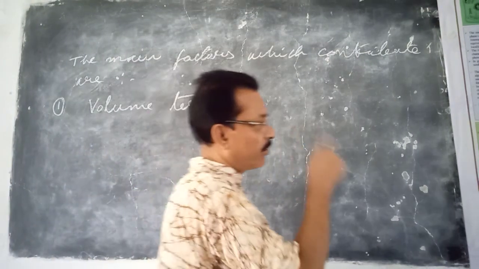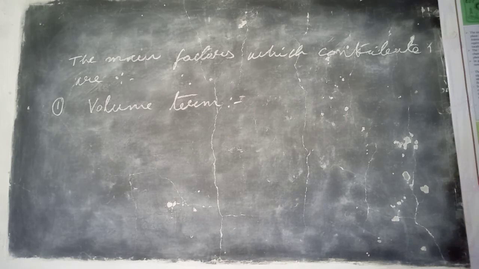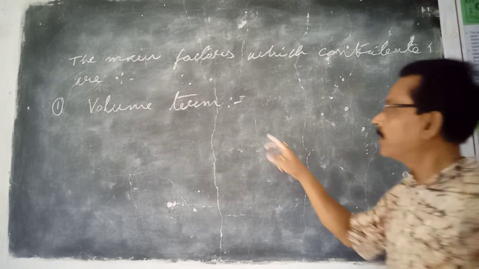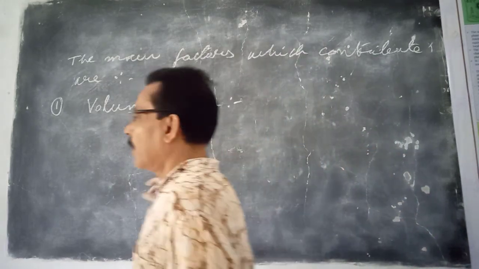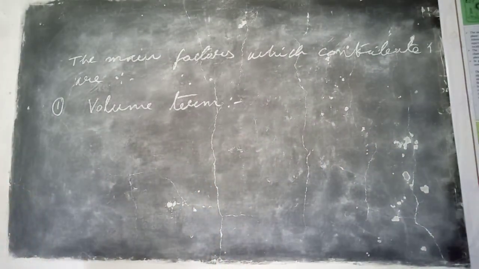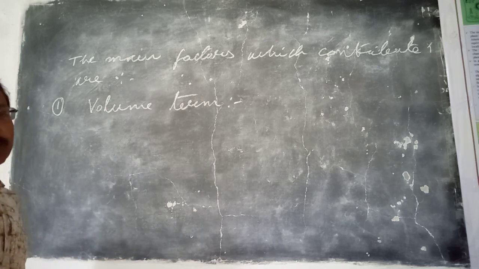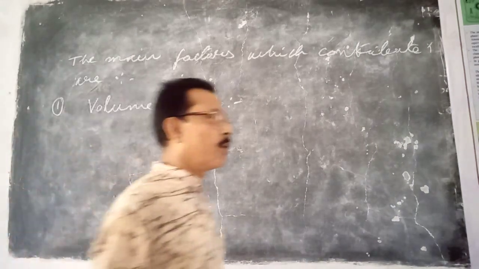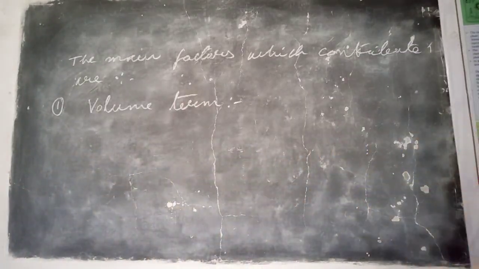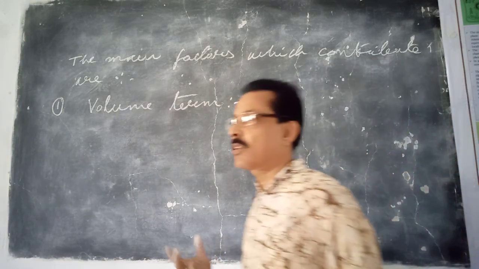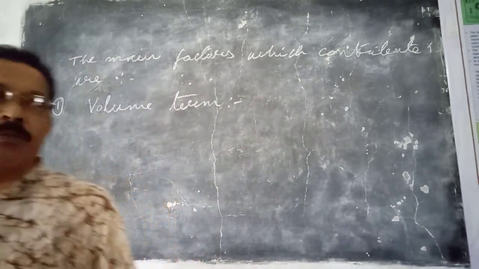Now the main contribution to this formula comes from the volume effect term, in which it is assumed that the contribution to the binding energy is proportional to the volume of the nucleus. Because we know that the volume of a nucleus, as we have discussed earlier, is proportional to A, the mass number or the number of constituent particles in the nucleus.